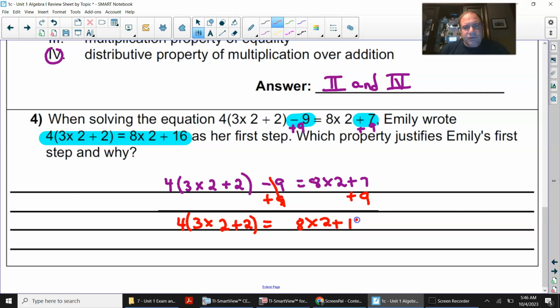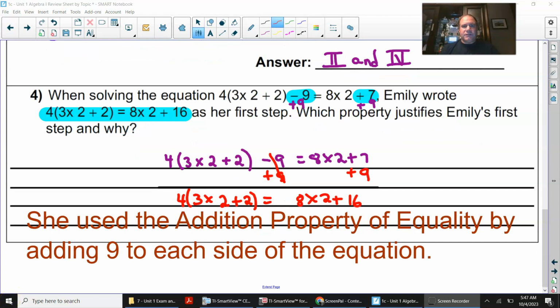And then you could see that she did the addition property of equality. All right, she's adding 9 to one side, and she added that same thing to the right side. And she used the addition property of equality, like we said, by adding 9 to each side of the equation.